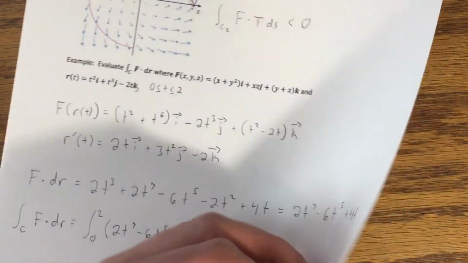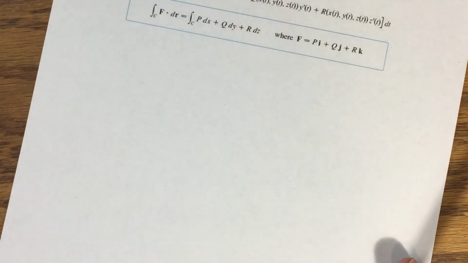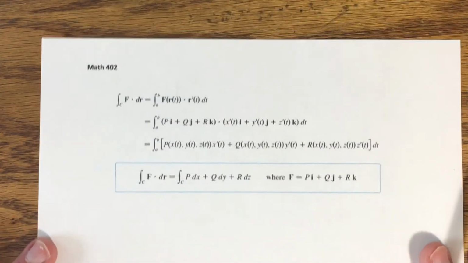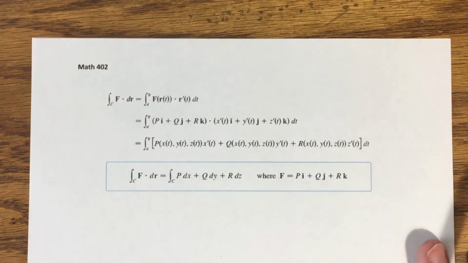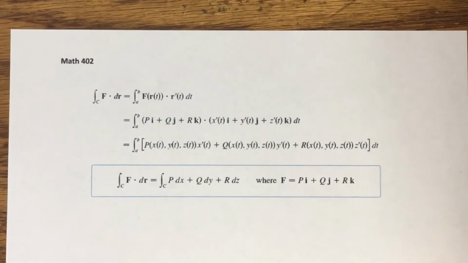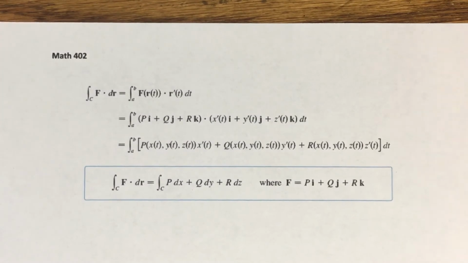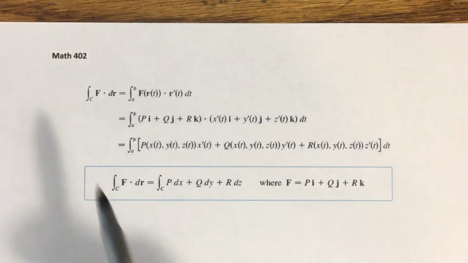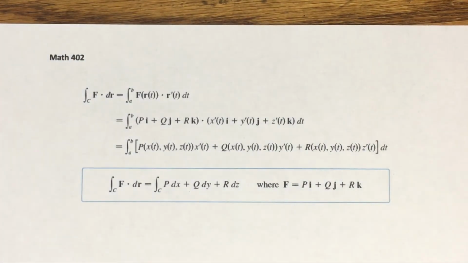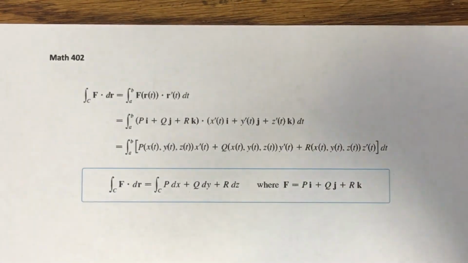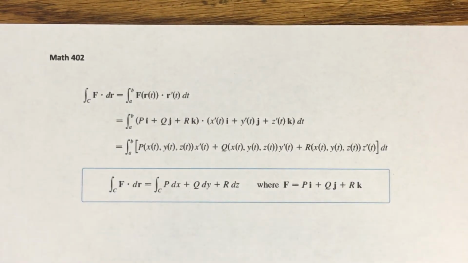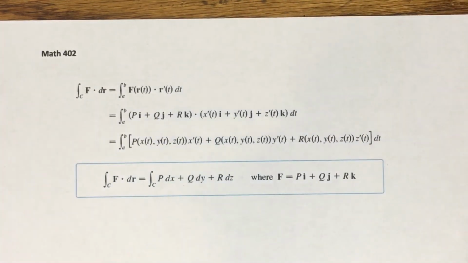Okay. All right, very last thing for this video is to establish a connection between our line integral over a vector field, or line integral of a vector field, and the line integrals that we talked about where we integrate with respect to x, y, and z.